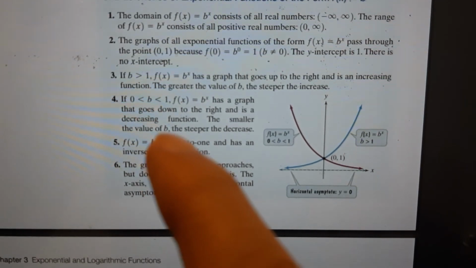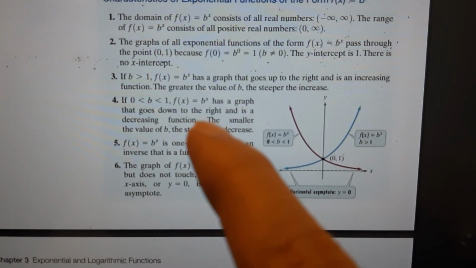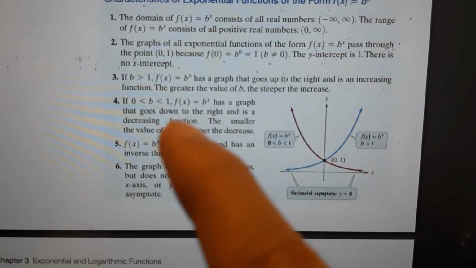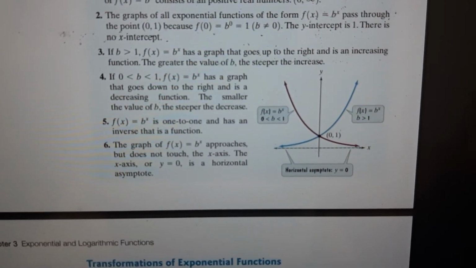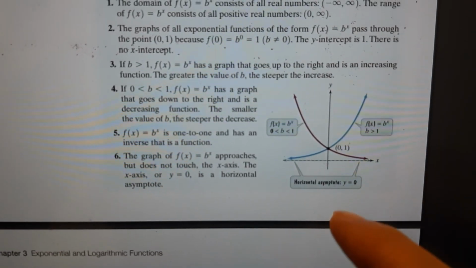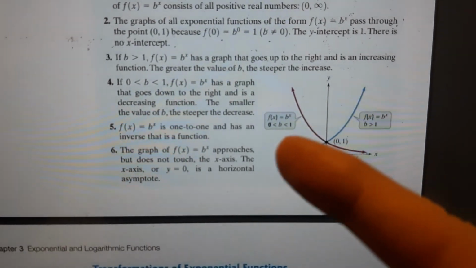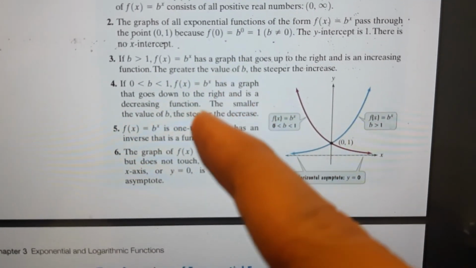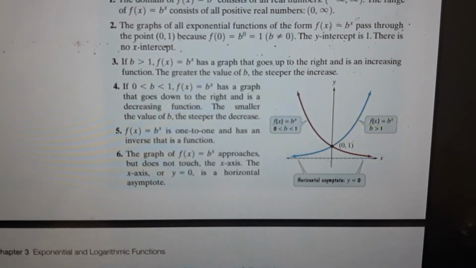However, on the flip side, we have point number 4. If the value of the base lies between 0 and 1, in other words, 0.1, 0.2, 0.5, all of those values are actually going to be going in the opposite way. All right? That has a graph that goes down from left to right and is a decreasing function.